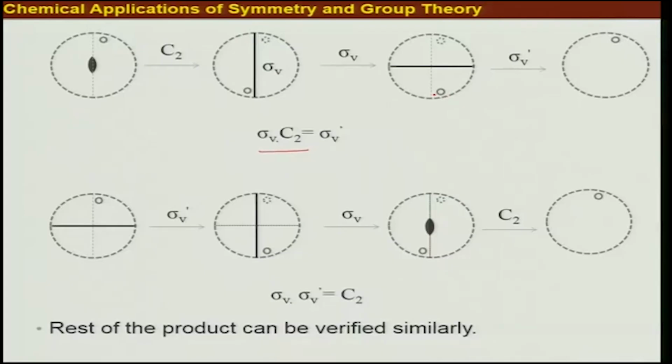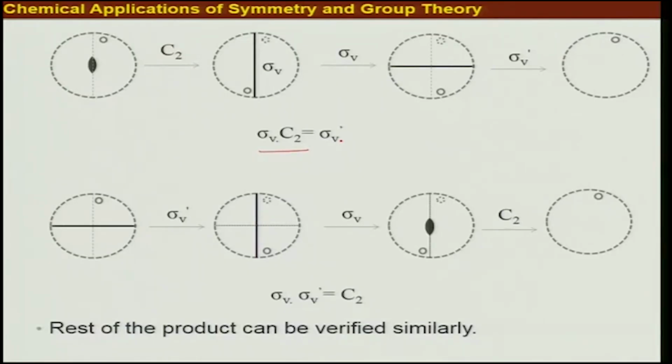And then if you would have taken a plane which is here perpendicular to the sigma v plane, I would call it sigma v prime, then reflection through that sigma v prime plane could take the original point to this point, which we have got after operating C2 and sigma v. So that means that sigma v C2 equals sigma v prime.